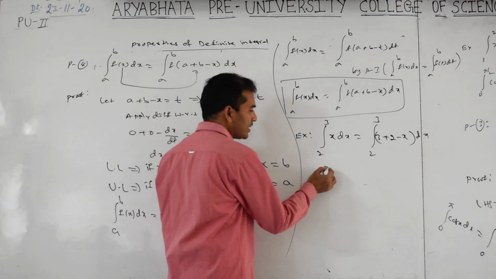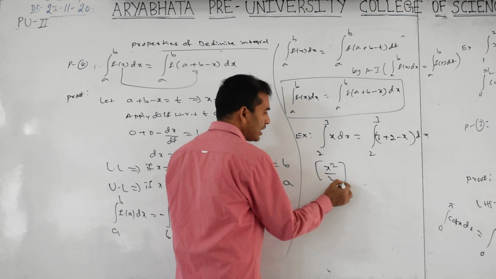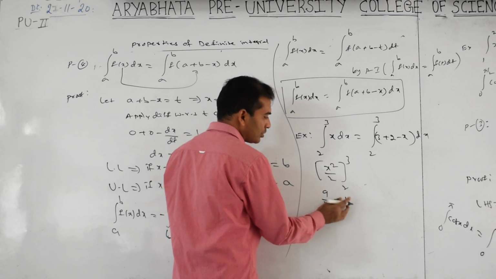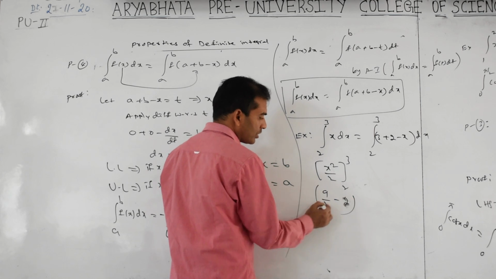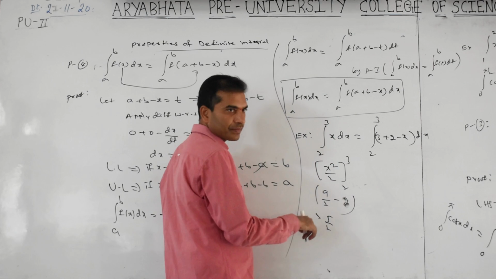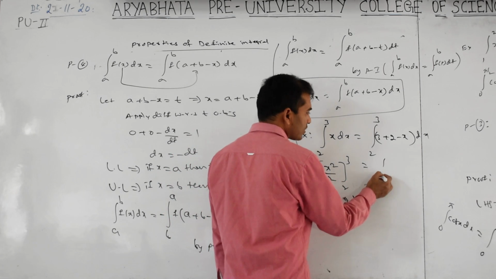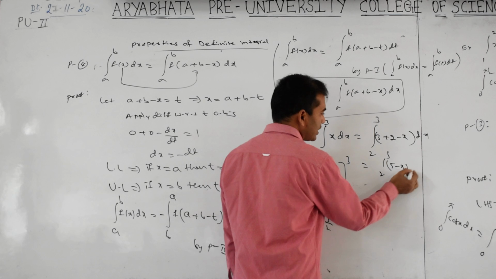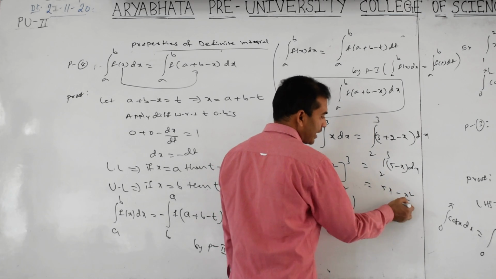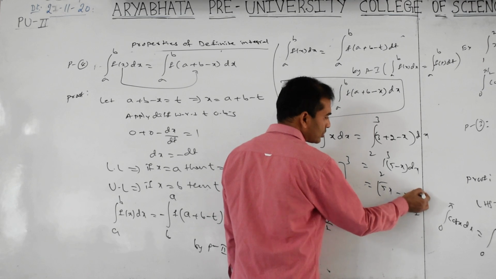Verified. X integration is x square by 2, limits 2 to 3: 9 by 2 minus 2 square 4 by 2 means 2, which is equal to 9 minus 4, 5 by 2. This is the answer. Let's verify this. Integration of 2 to 3 5 minus x dx. 5 integration 5x, x integration x square by 2, limits 2 to 3.